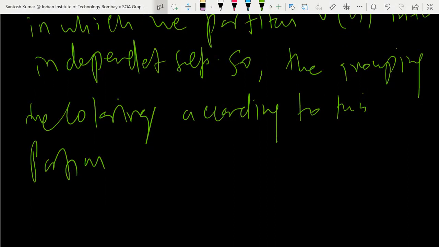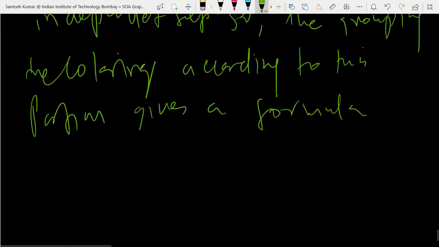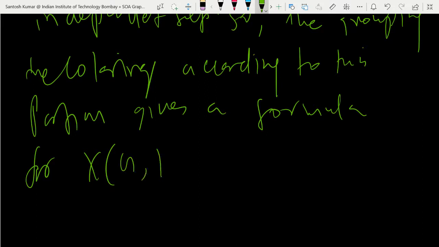So we were grouping the colorings according to the partition of the vertex set. So this gives a formula for the number of proper colorings of graph G using k colors.